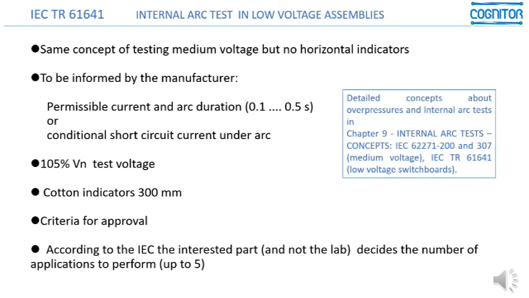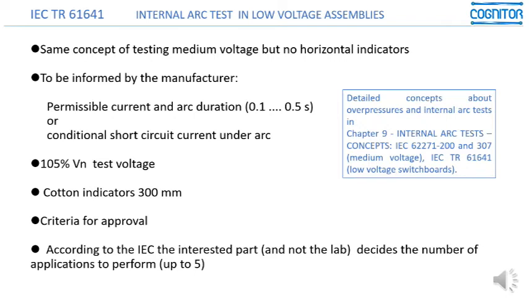Another important verification, which is done for low voltage assemblies, is the internal arc verification. Internal arc test is not a type test of the IEC 61439 series.